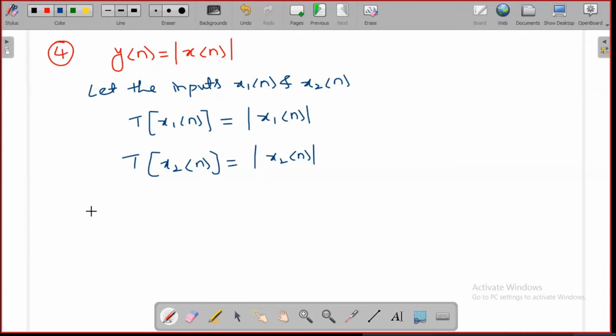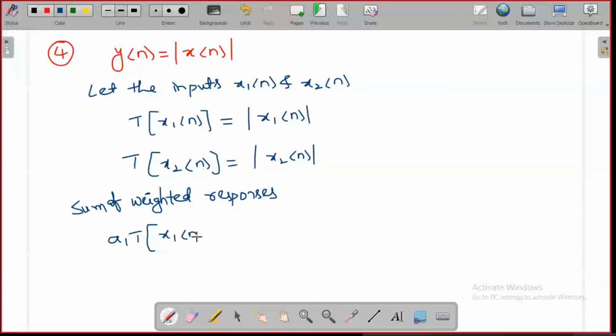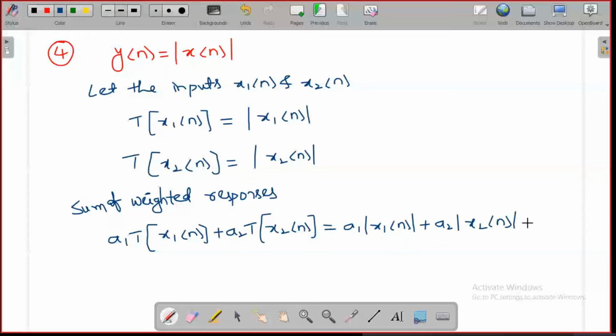Now the sum of weighted responses, that is a1 t of x1 of n plus a2 t of x2 of n, is nothing but a1 into mod x1 of n plus a2 into mod x2 of n. Let us say this is equation 1.